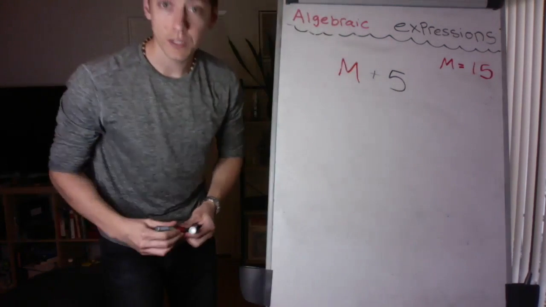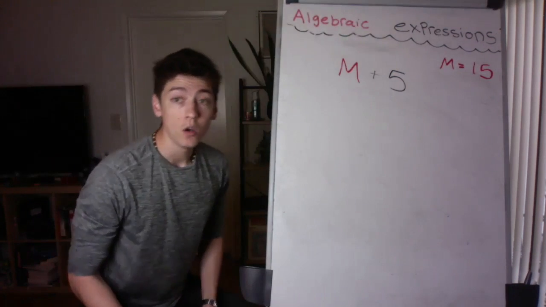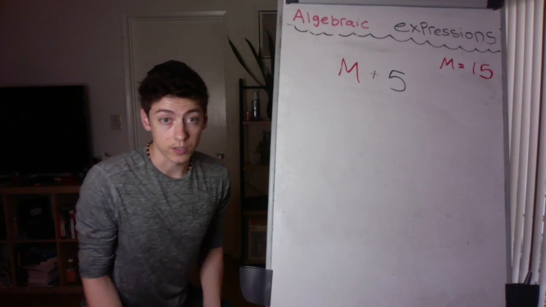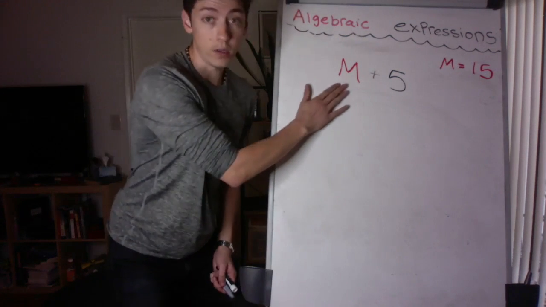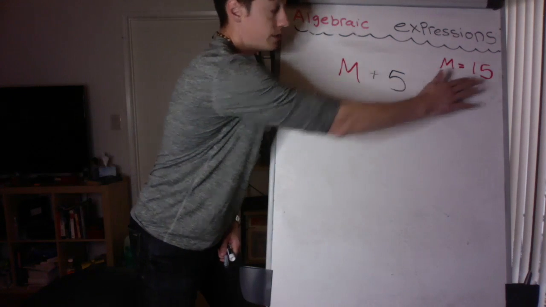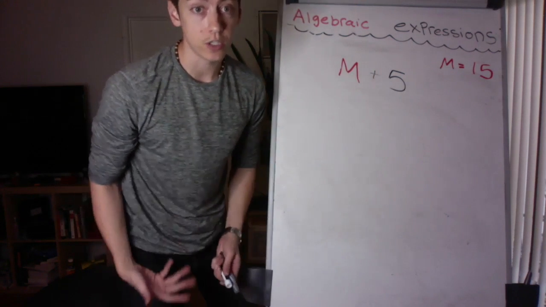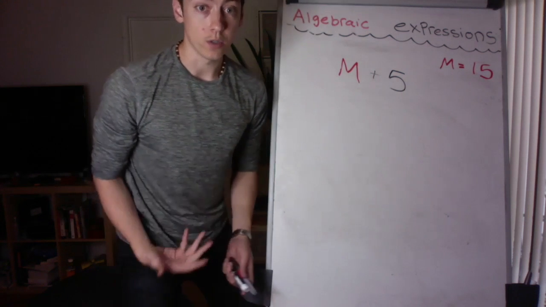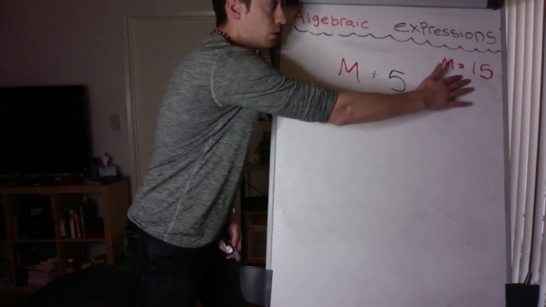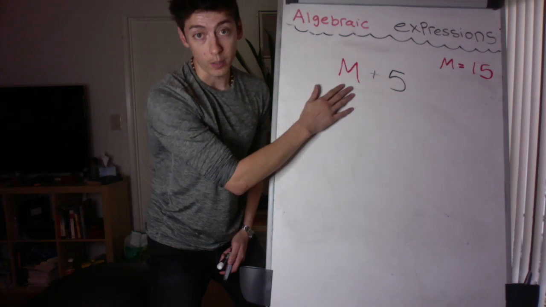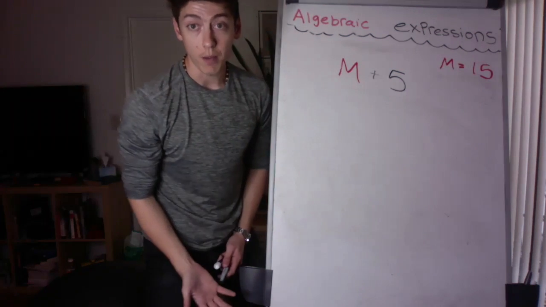Okay, so what does this mean in terms of what we're going to be doing? Well, all we're doing for this particular skill is replacing the variable M with what we know it to be. And they're going to give you, and by they I mean the textbook, the teacher, the test, whatever it is that you were studying for, should give you the amount for at least one of the variables to finish the problem.